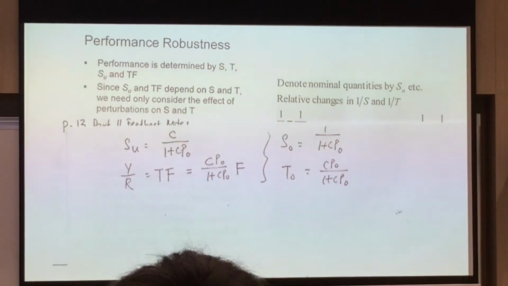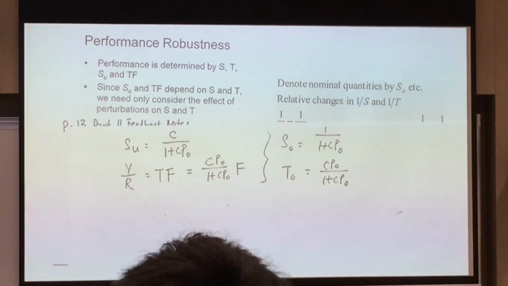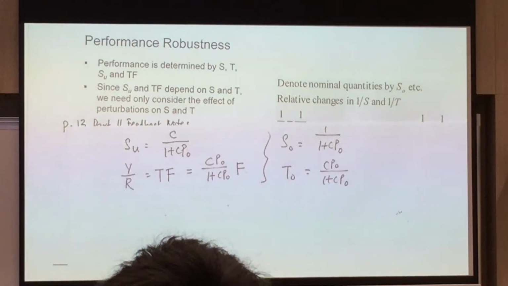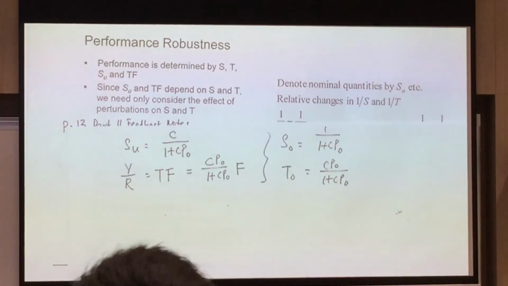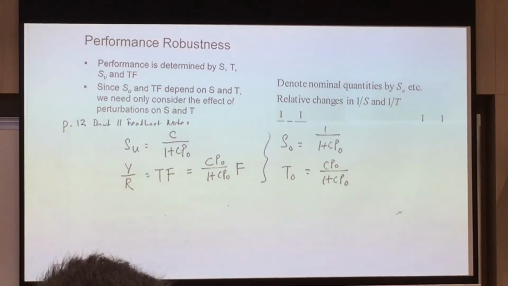If there is now a change in P naught, how will that affect my S naught and how will that affect my T naught? So how do you do that analysis?